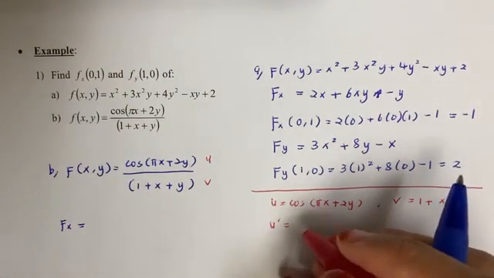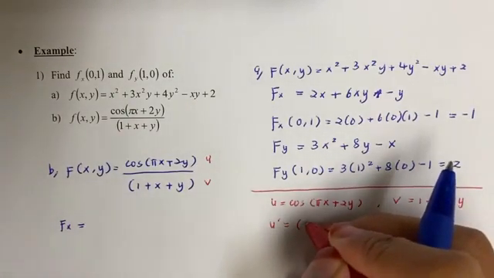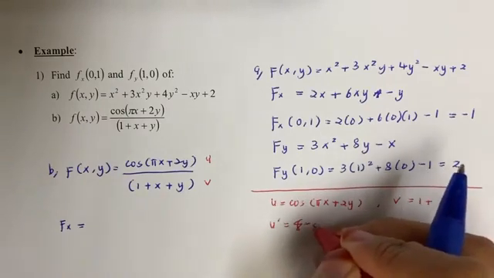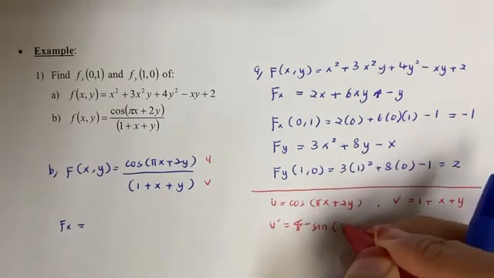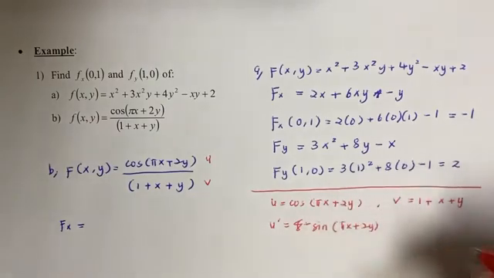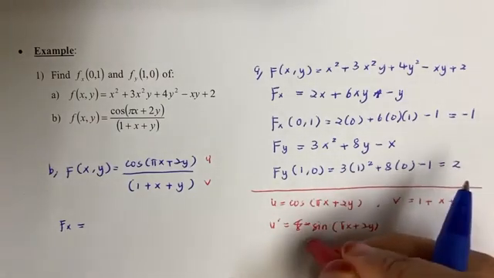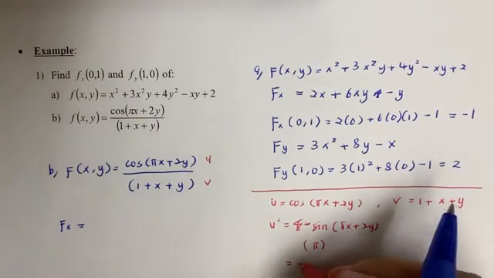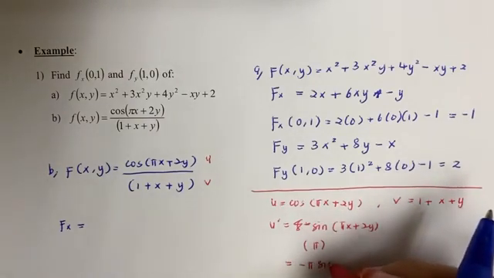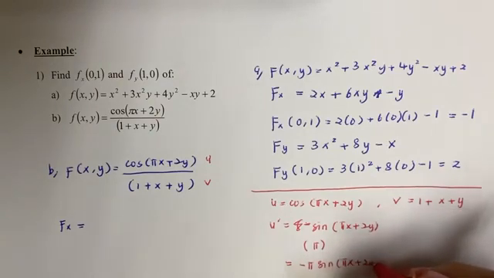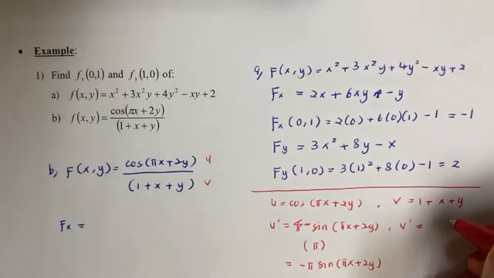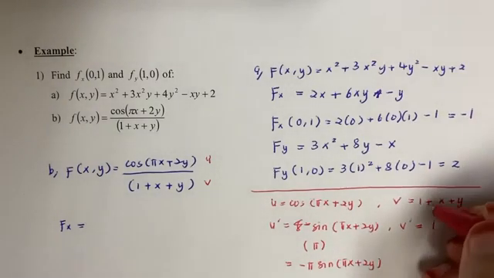So u prime becomes minus sine(pi x plus 2y) multiplied by pi, which is equal to minus pi sine(pi x plus 2y). Next, v prime with respect to x is equal to 1, since this is 0 plus 1 plus 0. So you just have 1.